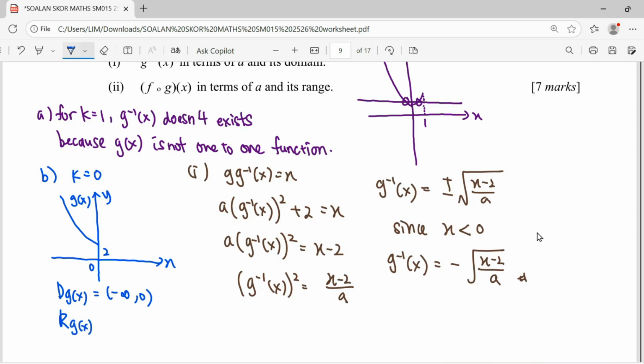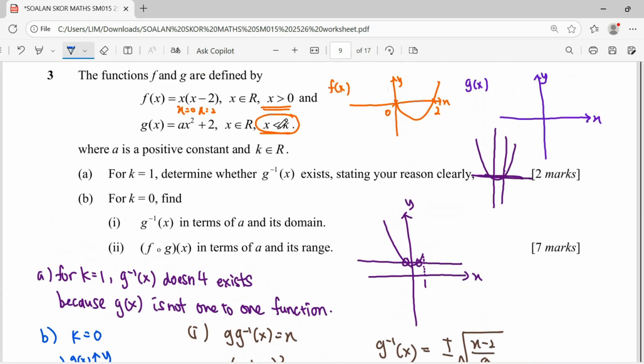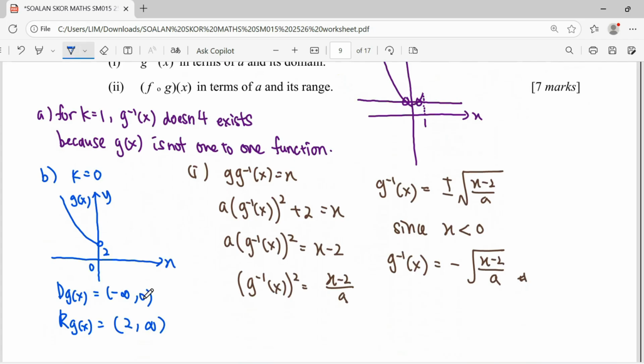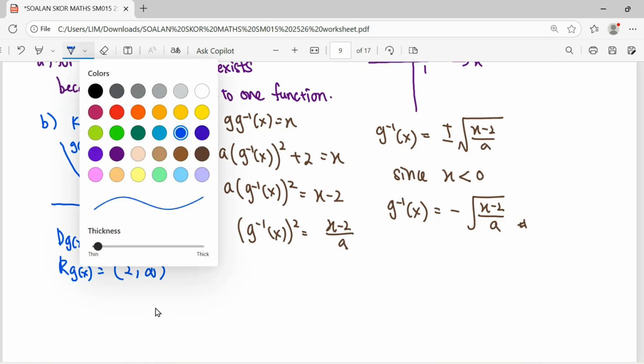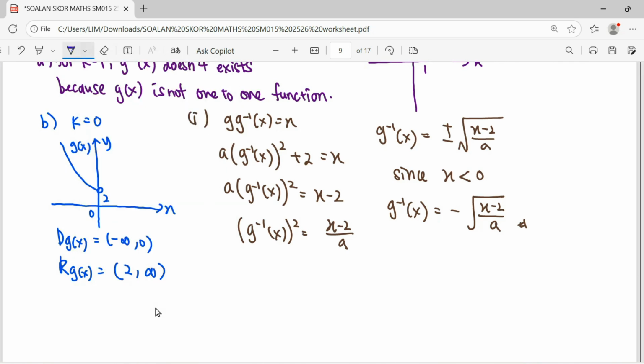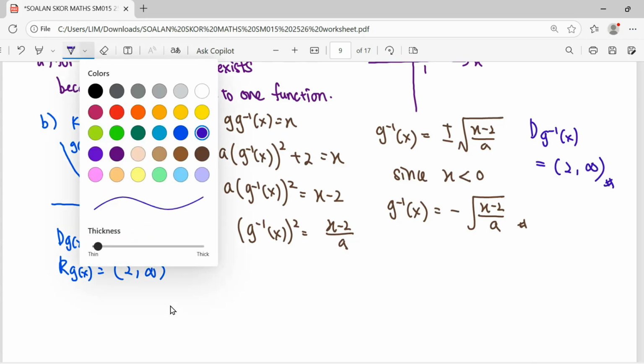The range of the function, you can see the minimum part is 2 up to infinity, and this point is not included, because x less than k, x less than 0, is not included. Therefore 2 is not included. So when we answer the domain for g inverse, we refer to the range of the function, which is 2 to infinity. So that is part B number 1.